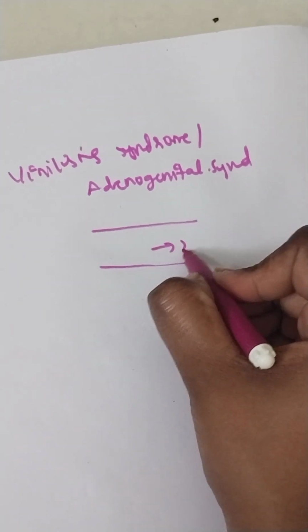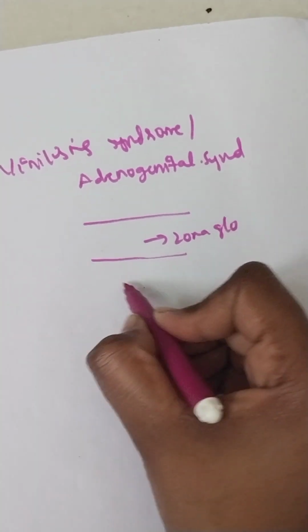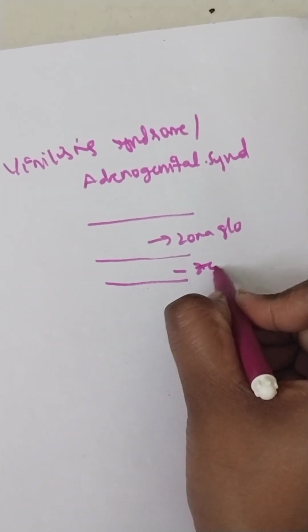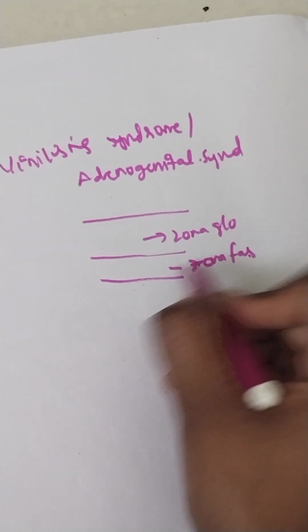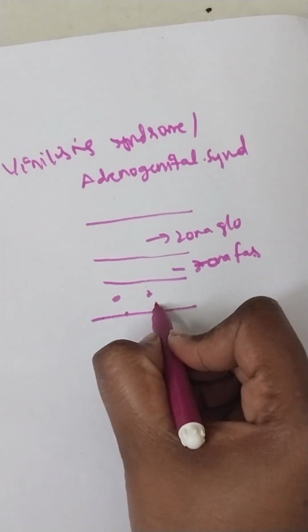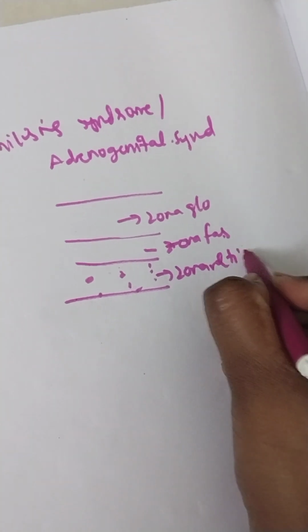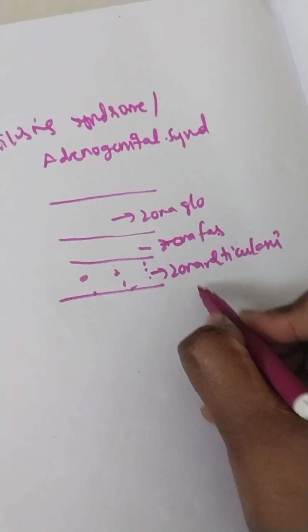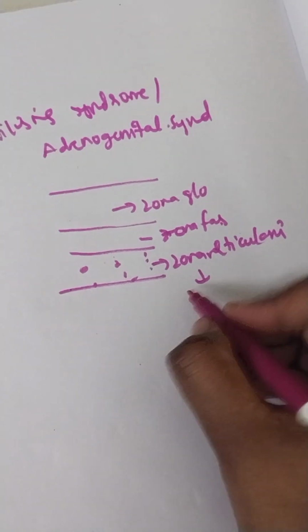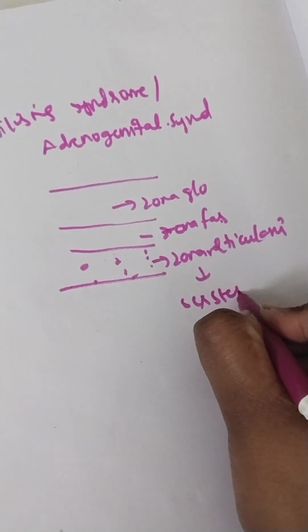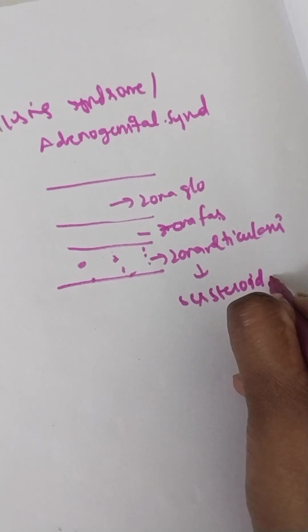One is the zona glomerulosa, which we just discussed, and the zona fasciculata. Now we are left with one more zone, which is the zona reticularis. We had already taught that the zona reticularis produces sex steroids in our first adrenal gland topic.